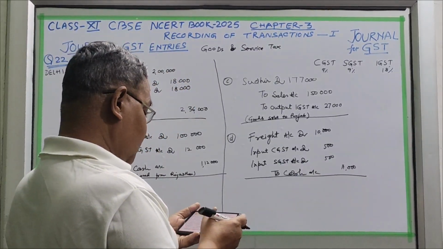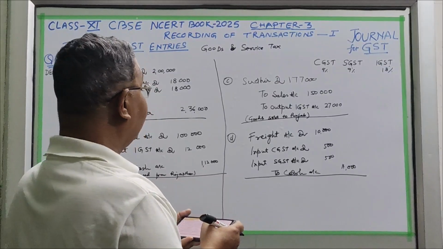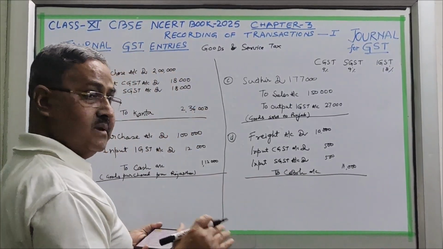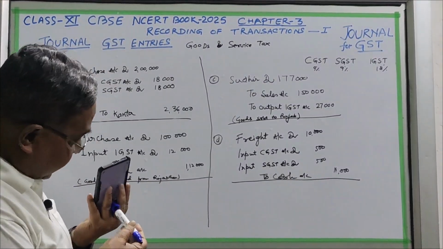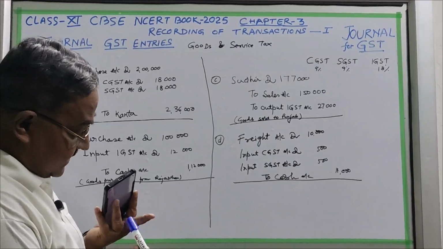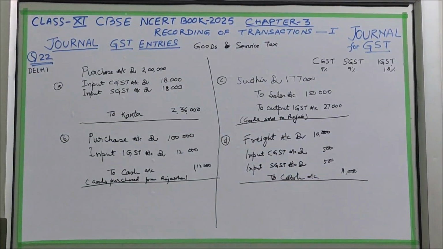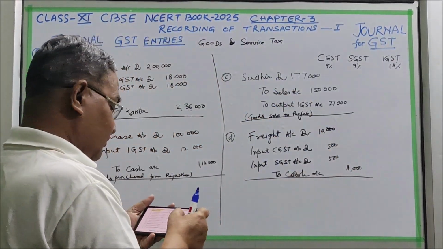E: sold goods of 1,20,000 to Sidhu of Delhi. Now here one thing we can do, because these figures of output and input, CGST and SGST, will be required later on. So we will keep a record of how much we have.